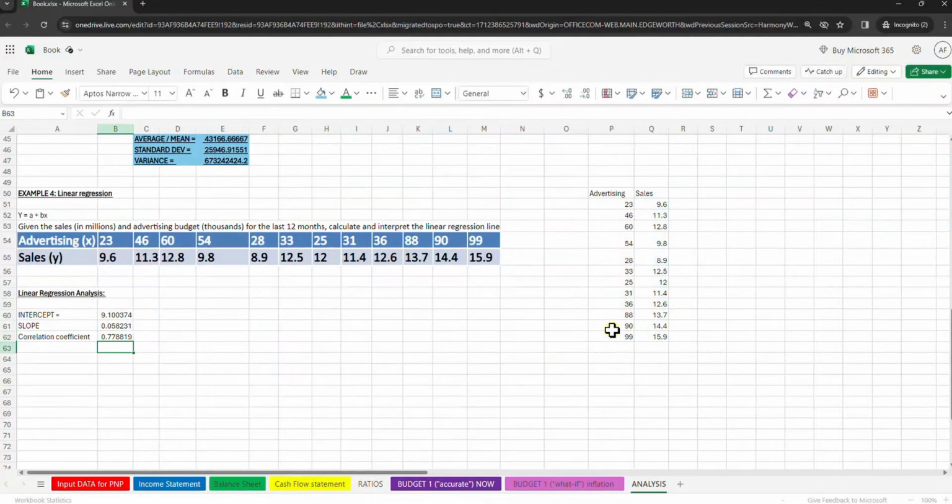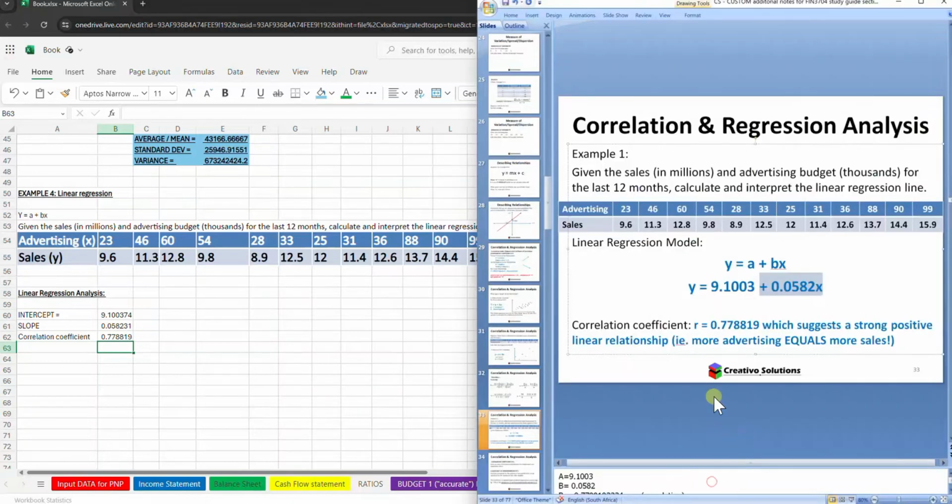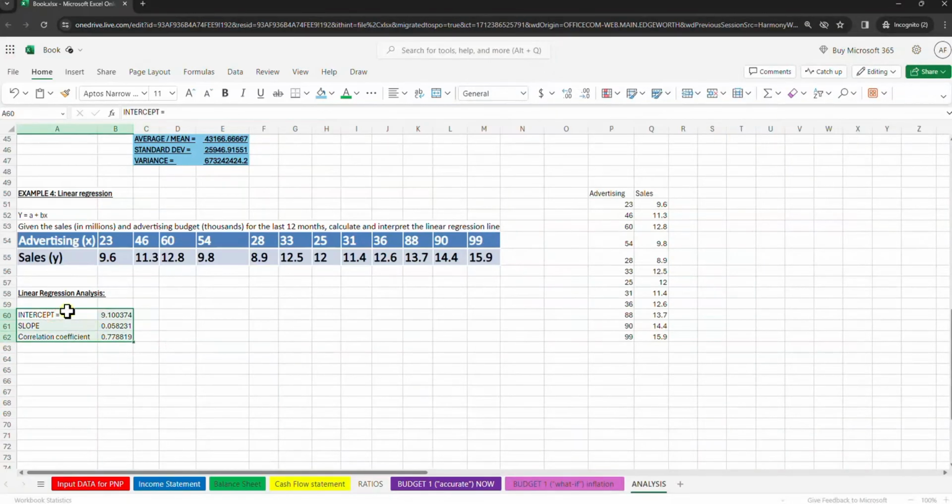Looks good. Same answers as the ones we had here. There's the correlation coefficient, 0.778819. So these are all measures in statistics that can be calculated on Excel.